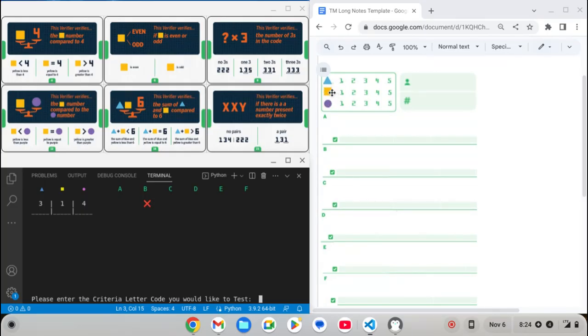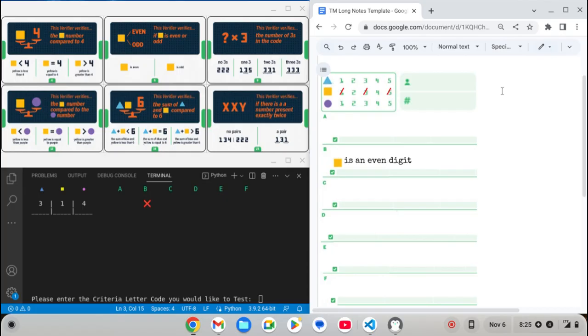So let's go ahead and type that up in our notes in section B. Or actually I apologize, we should say that the square value is an even digit. Okay, and since it is even, that means we can go ahead and cross out the 3 odds. So crossing out 1, 3, and 5.